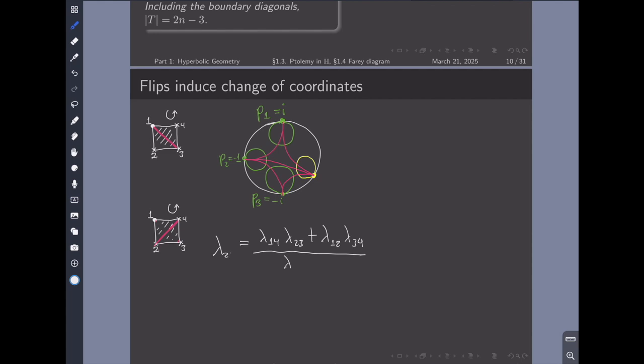So it's lambda 2 4 and then divided by lambda 1 3. And the other 4 coordinates remain the same.